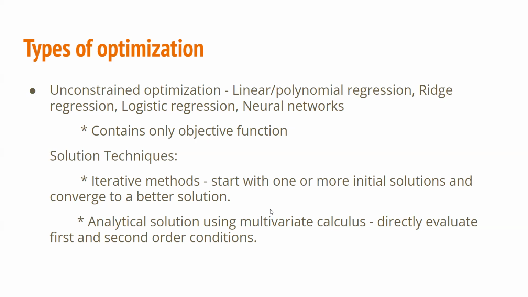So in gradient descent, what we do is we first start with an initial solution of the given function, and then try to converge to a better solution by performing the same step again and again.